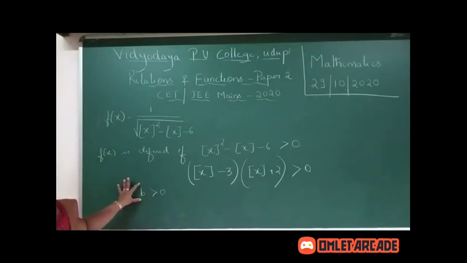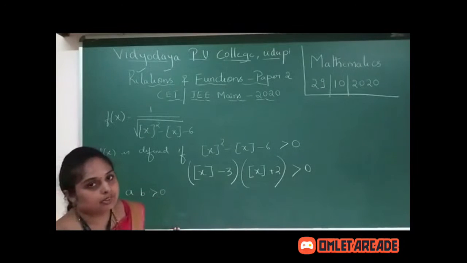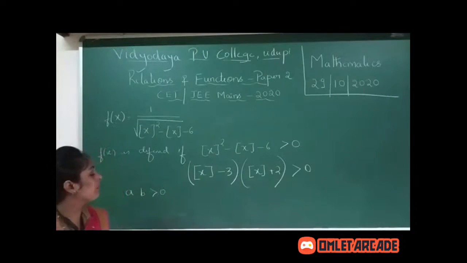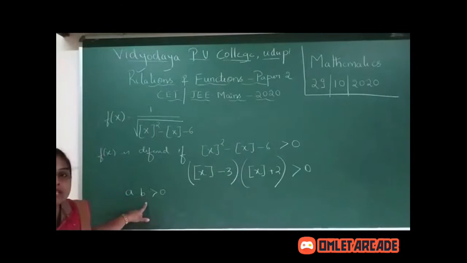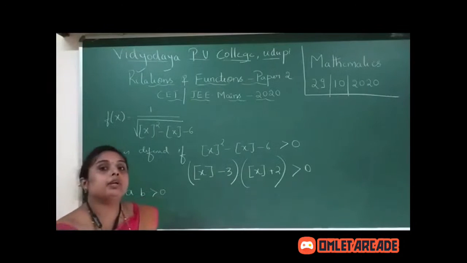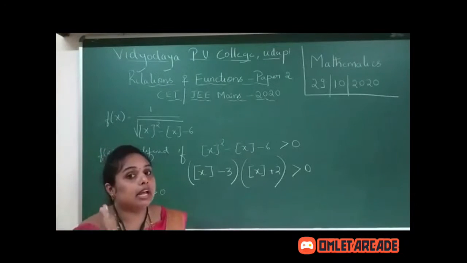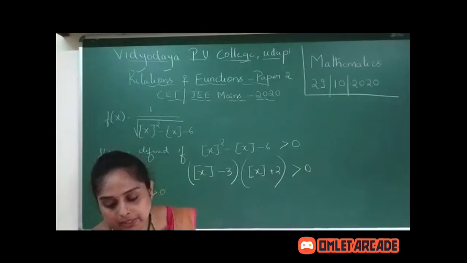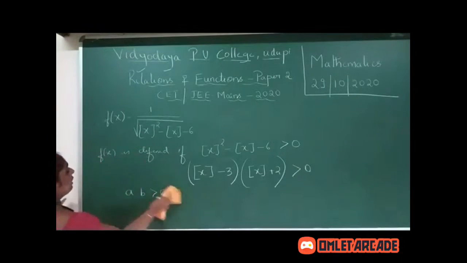Either A is positive and B is positive, then the product is positive, or A is negative and B is negative, negative into negative is positive. So here two cases will arise.